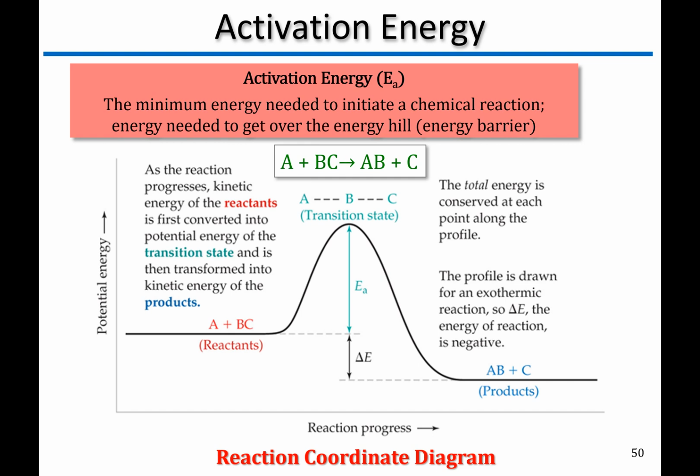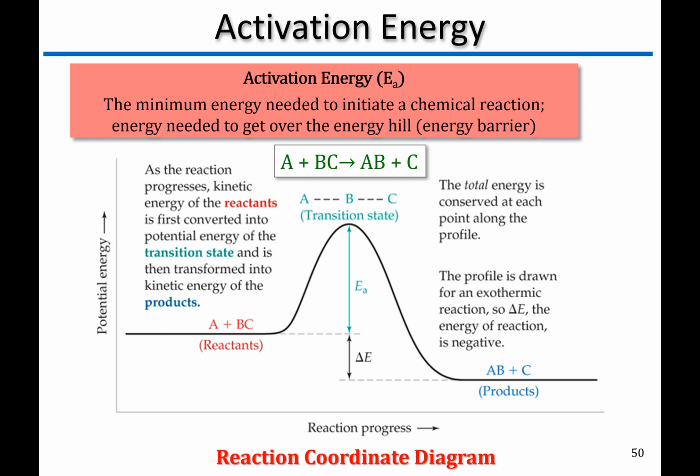In other words, what's happening here is that we have to first build up enough energy to get into this transition state, so we have to have the energy to get there in the first place. But once we've built up enough energy to enter the transition state, now we can get over the energy barrier and proceed towards the products.